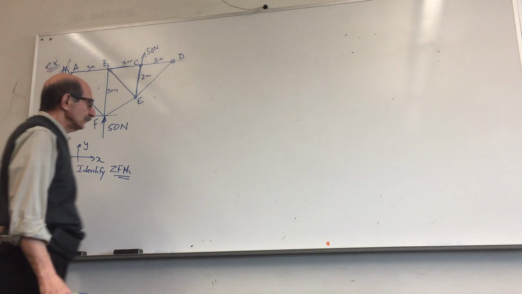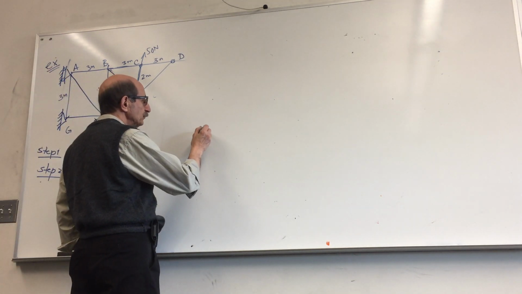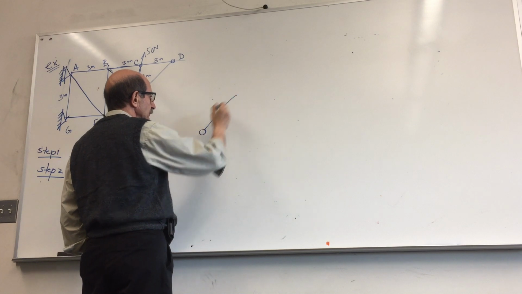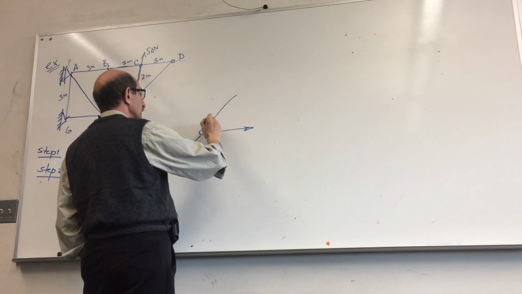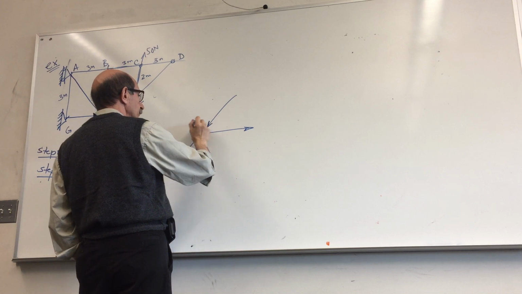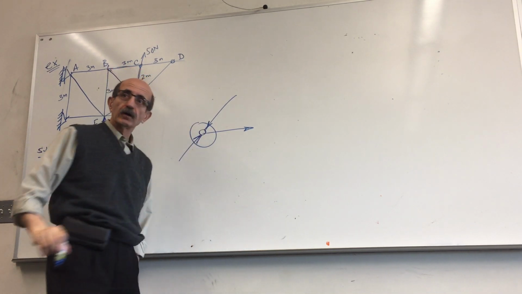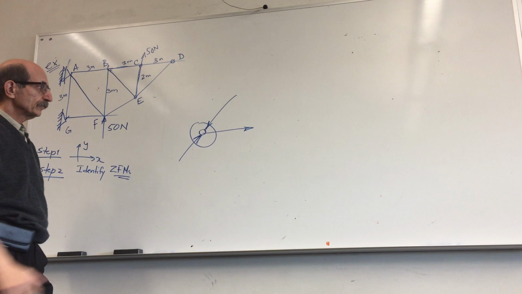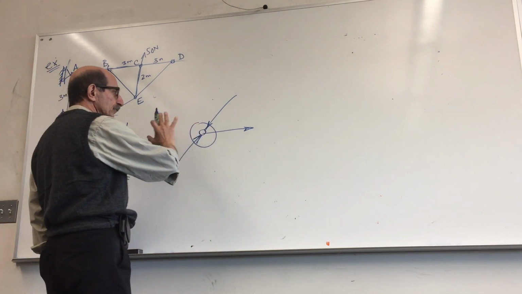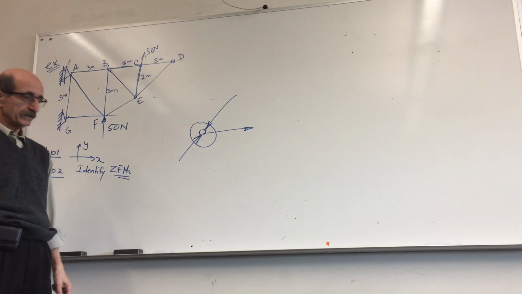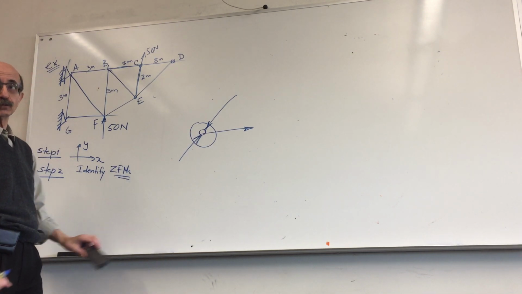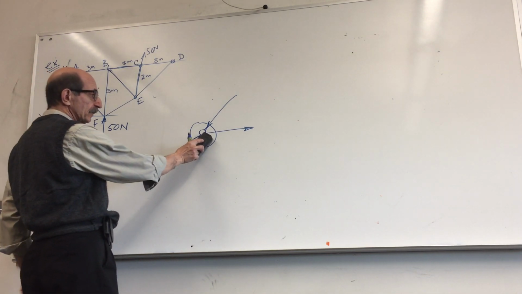Let me introduce it this way. We said if you have a joint with 3 members coming together, right? Or, in fact, we can generalize this. If you basically have a particle in equilibrium, such that three forces are acting at that particle, and two of those are collinear, for this particle to be in equilibrium, the third always has to be zero.